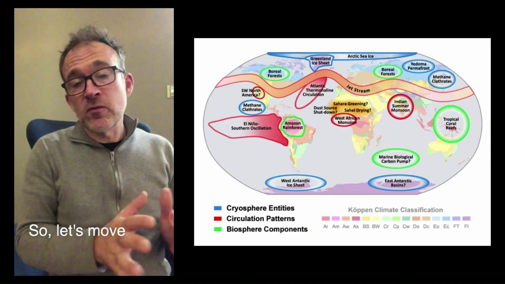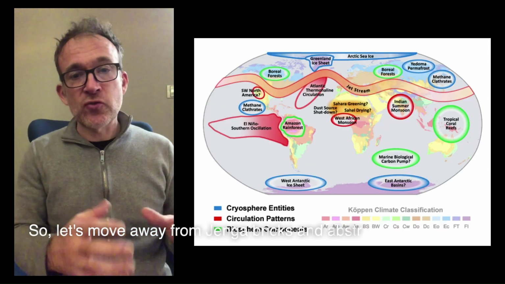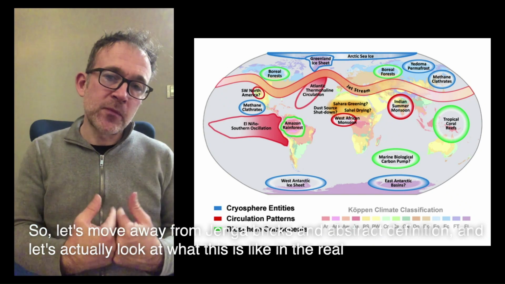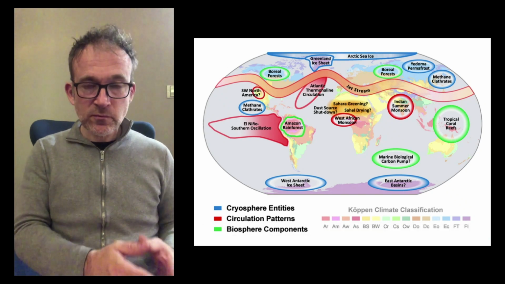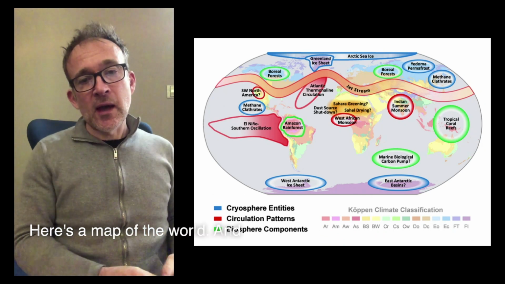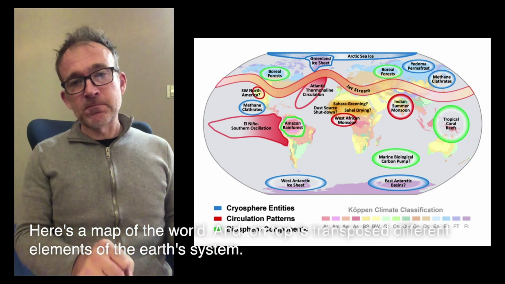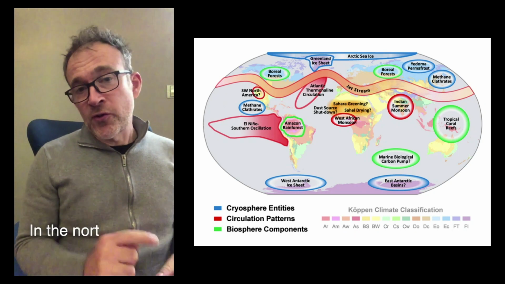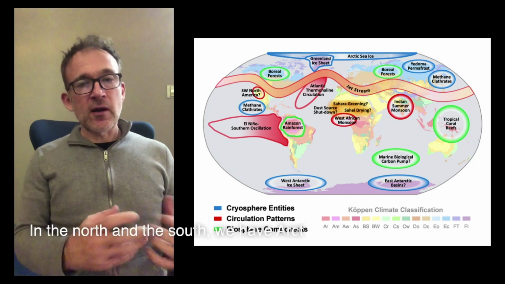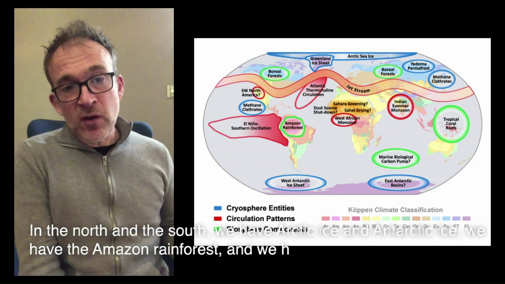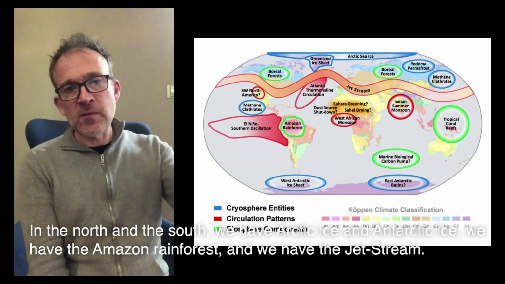So let's move away from Jenga bricks and abstract definition, and let's actually look at what this is like in the real world. Here's a map of the world, and on top are transposed different elements of the Earth's system. In the north and the south we have Arctic ice and Antarctic ice, we have the Amazon rainforest, and we have the jet stream.